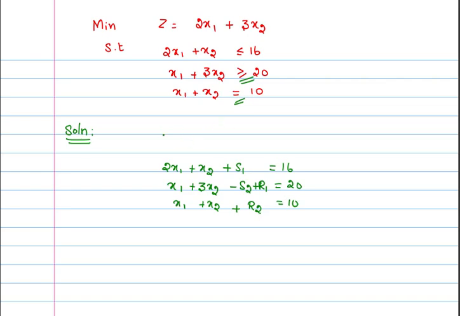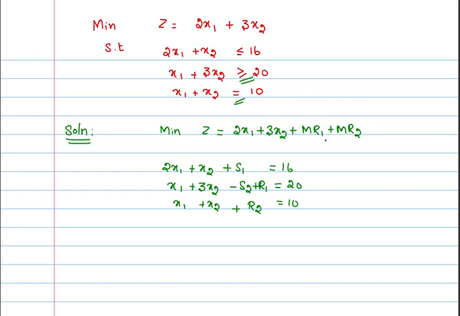So our objective function, I have to write as minimization of z equal to 2 times x1 plus 3 times x2 plus M times r1 plus M times r2. This way we have to write it.